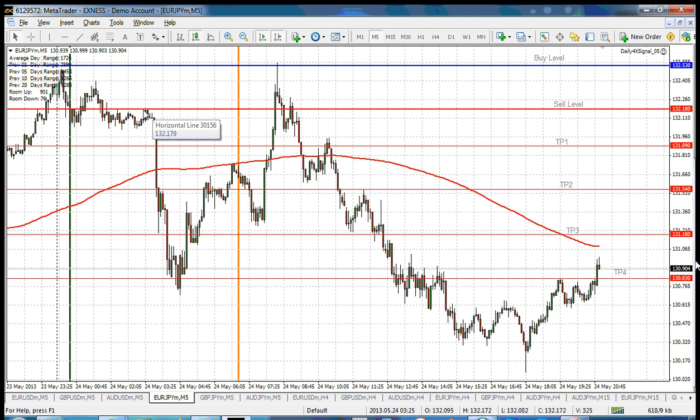The moment that happens, you enter, and then you manage the trade using price action, looking at the candles and how they form, and their formations actually tell you whether or not it is going to be profitable for you. But basically the idea is to work your way till TP1, close the first lot, move your stop loss to break even plus 3, and continue doing that for the rest of the trade as long as the price action is in our favor.